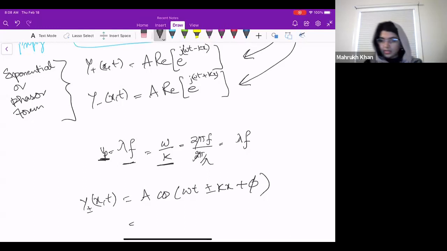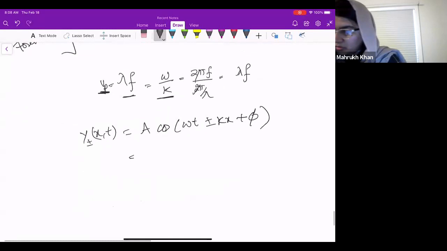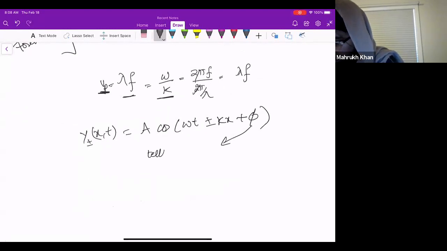Now one thing is whether the wave is lagging or leading.